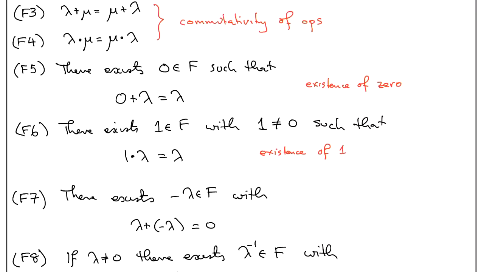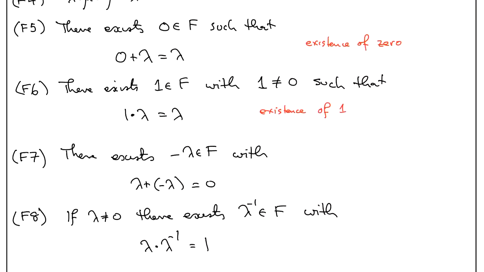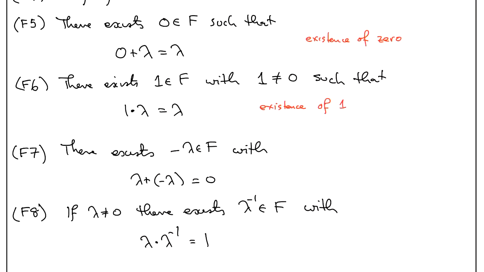And then the next two axioms are about negatives and inverses. So whenever I have, like in the field of real numbers, 7, I have minus 7 as well. And that's an element with the property that when I add minus 7 onto 7, I get 0.